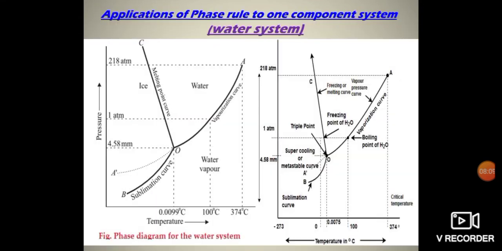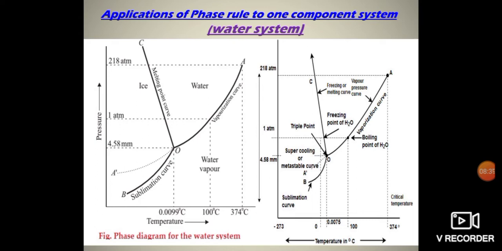Next one, application of phase rule in a one component system. For example, the water system. So here there is a diagram. On the x-axis is the temperature in degrees centigrade, and on the y-axis is the pressure. Here you notice that the center point is O, and below that is OB, above OC, and on the right side OA.